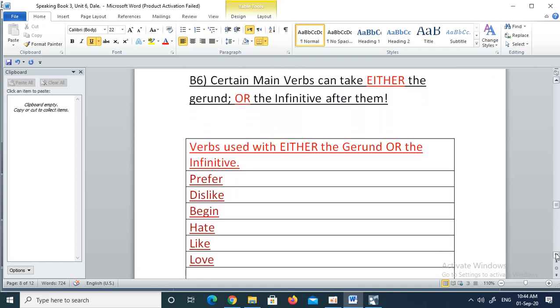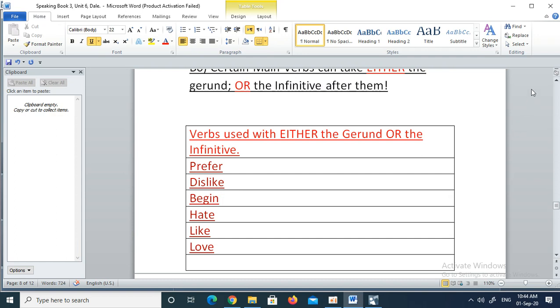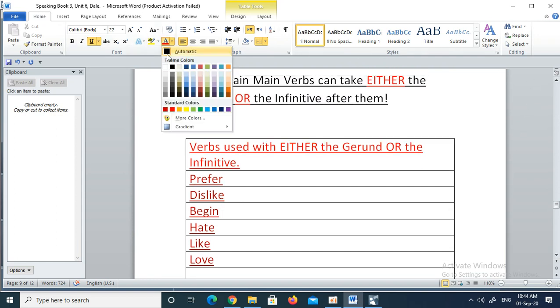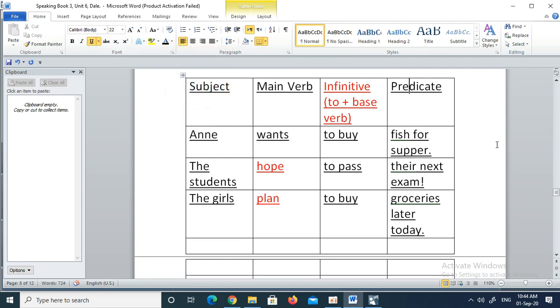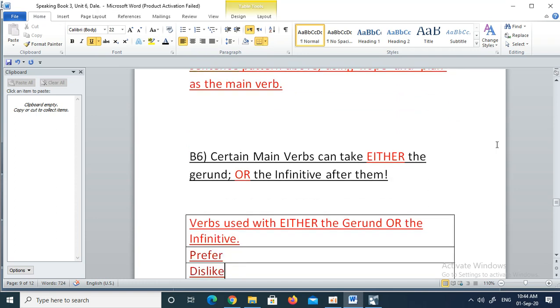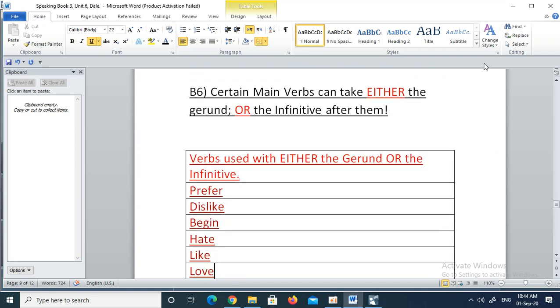moving on. There are certain verbs that can be used with either the gerund or the infinitive.